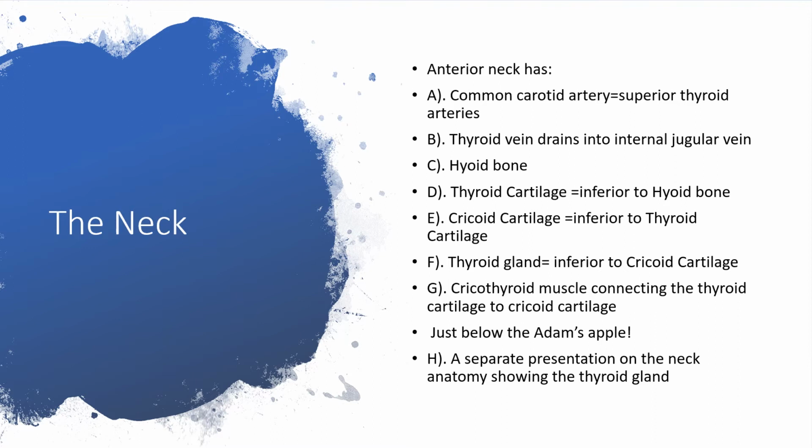Cricothyroid muscle will connect the thyroid cartilage to cricoid cartilage. And you can find all this just below the Adam's apple. I think that will help a bit, right? A separate presentation on the neck anatomy showing the thyroid gland will be presented later on.